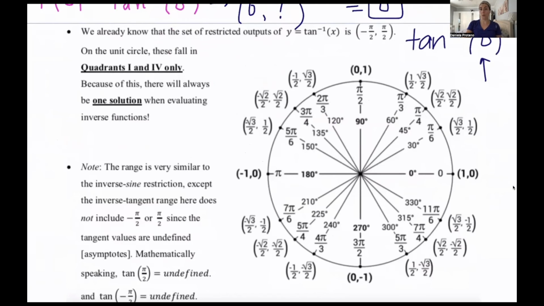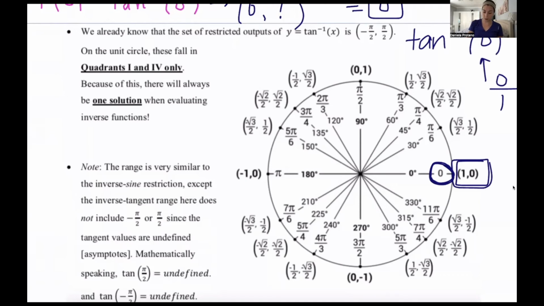What y value divided by x value would give me 0? We can confirm it would be at 0 radians, because here's my ordered pair. The y value is 0 and the x value is 1. 0 divided by 1 is 0. So that also works out.